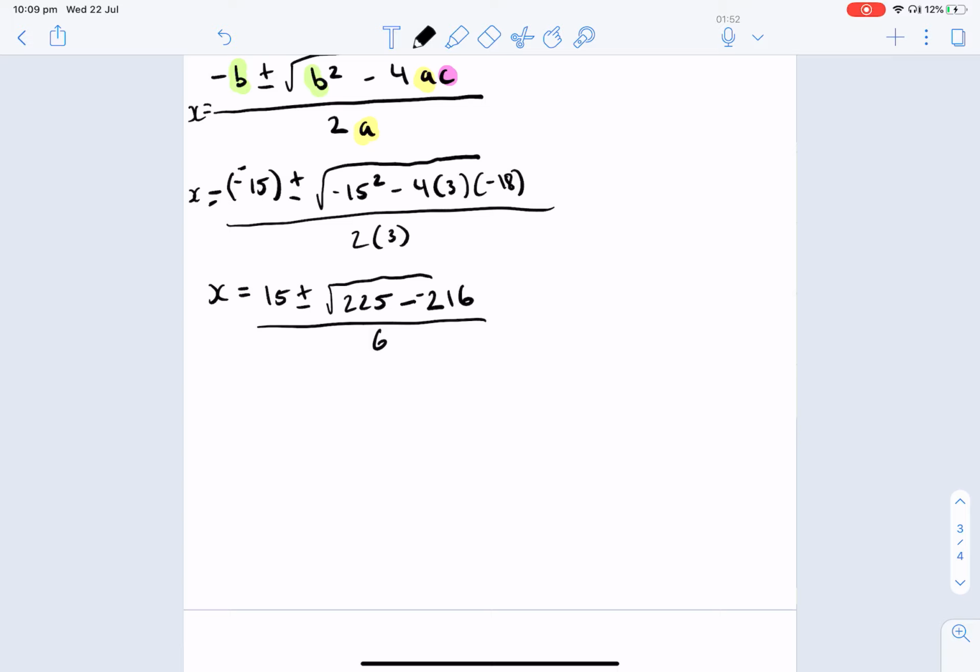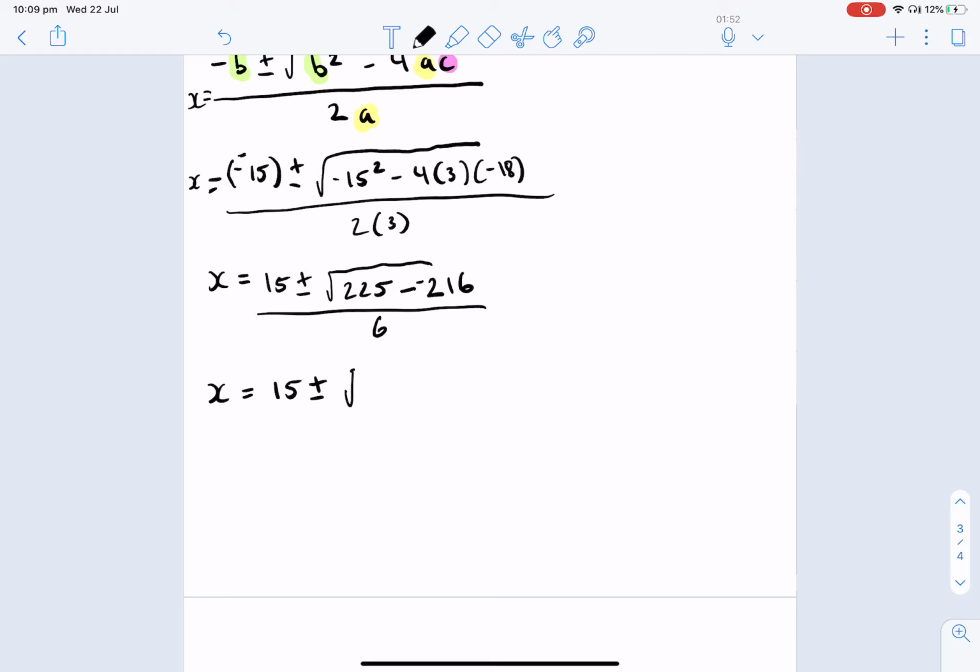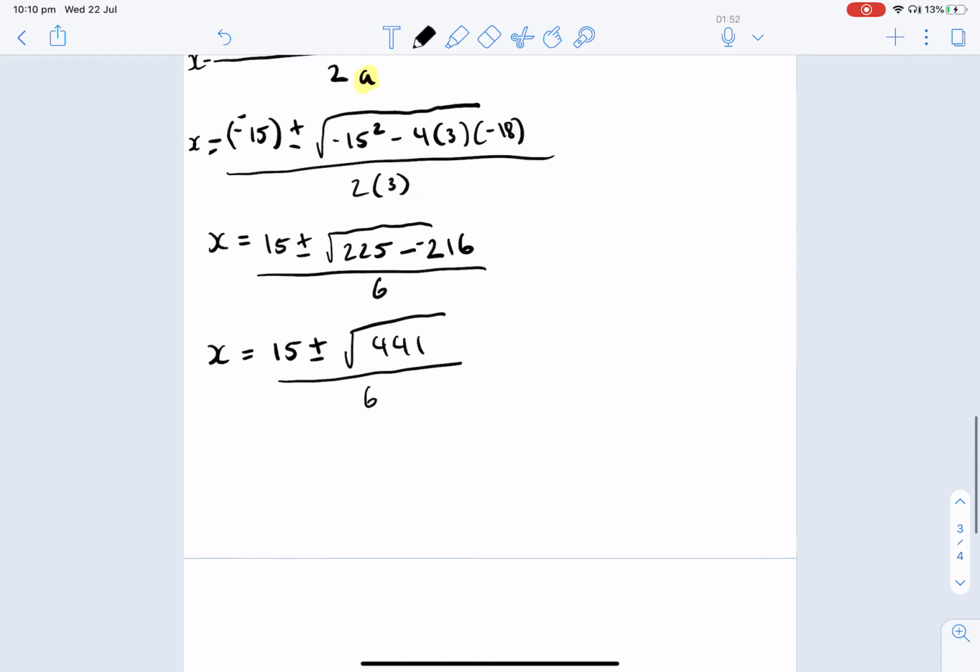So we can do a bit more simplification for ourselves. We've got x equals 15 plus or minus the square root of 225 minus negative 216, which becomes addition because we've got two negatives there. So 225 plus 216 gives us 441, all over 6.